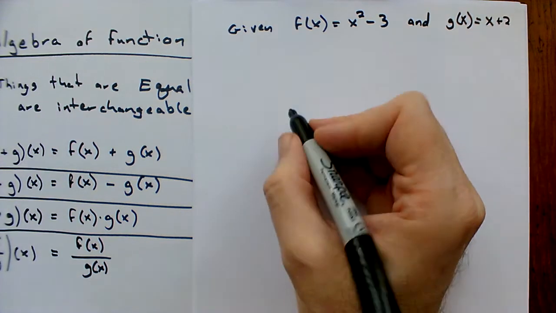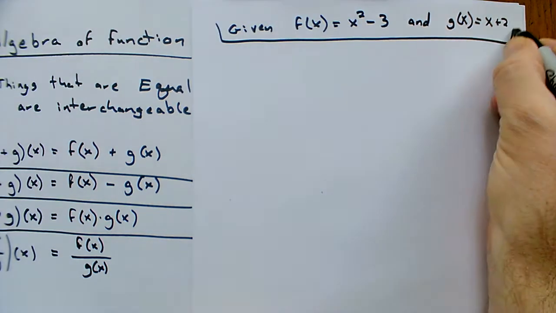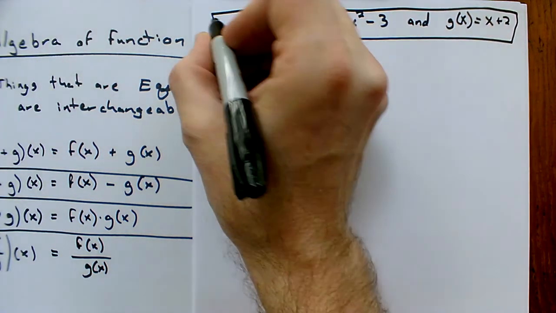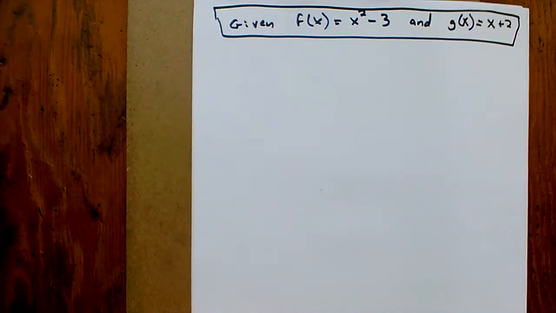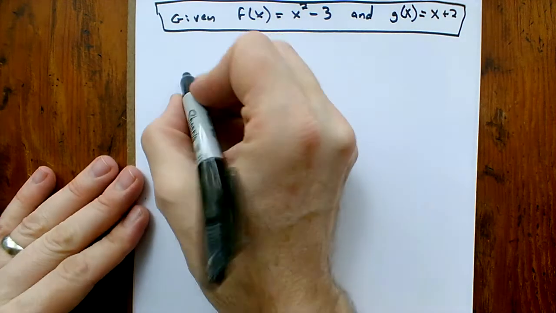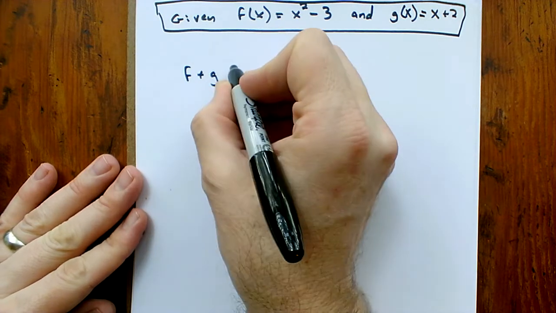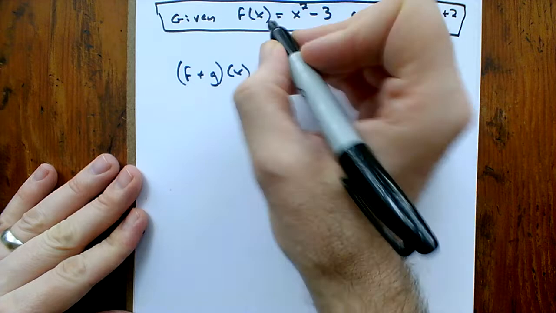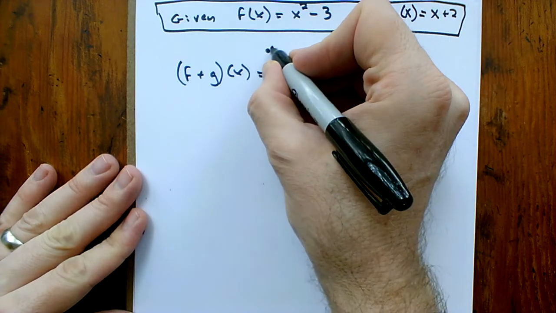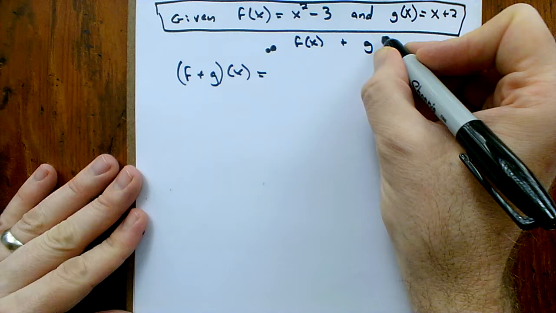Okay. Well, when I do this addition, this f plus g of x, remember, our thought process here is that we've got this f of x plus our g of x.